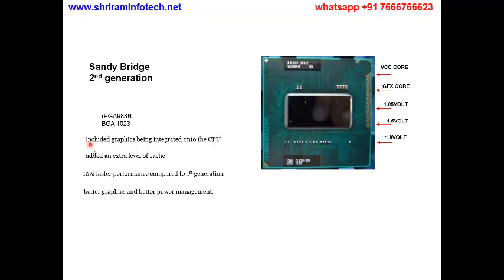So this processor included graphics in the CPU. Graphics integrated. Cache increased, 10% faster compared to the first generation. And these are the voltages required to work this processor: CPU core, graphics core, 1.05, 1.5, 1.8. DDR3 supported, 1.5 volts.